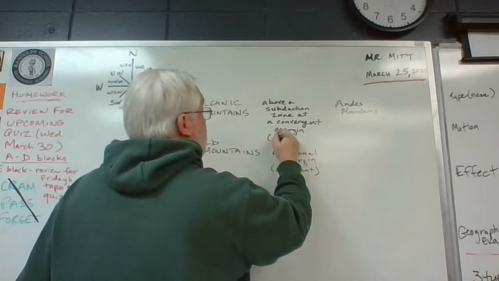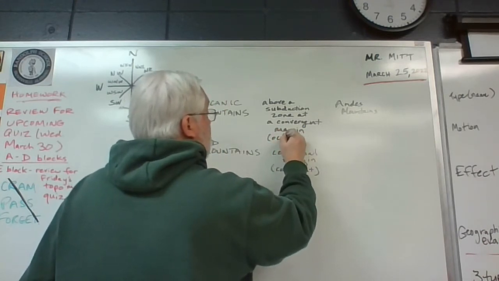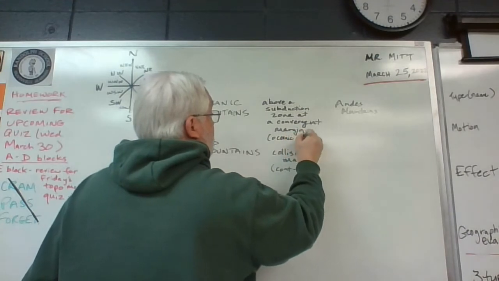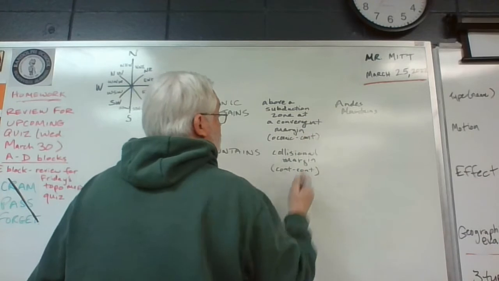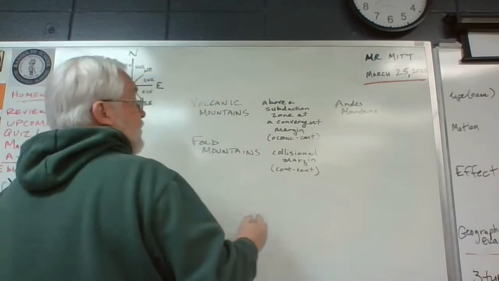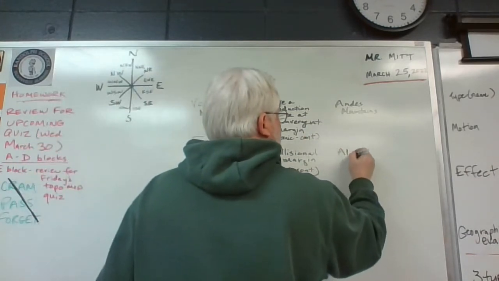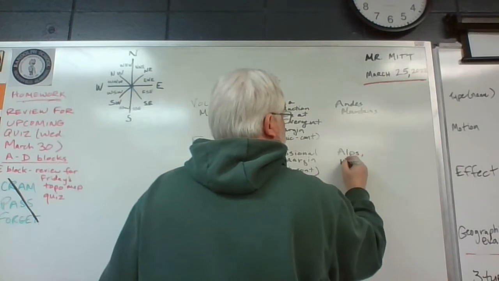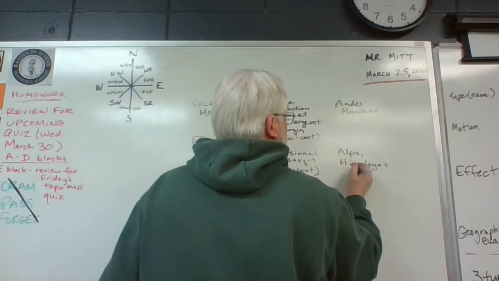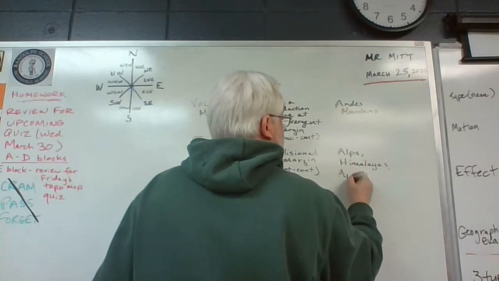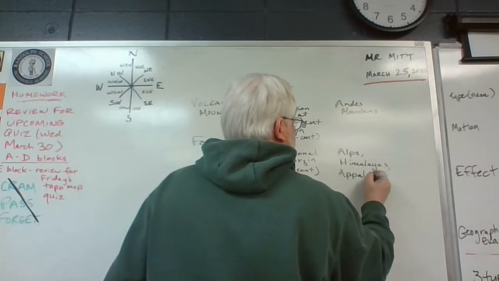Up here, we're talking about oceanic, continental. And an example, again, of fold mountain belts would be something like the Alps or the Himalayas, or for that matter, right in our backyard, the Appalachians.